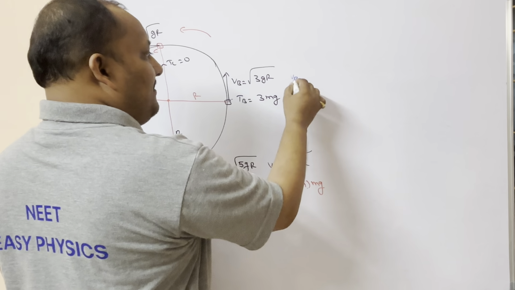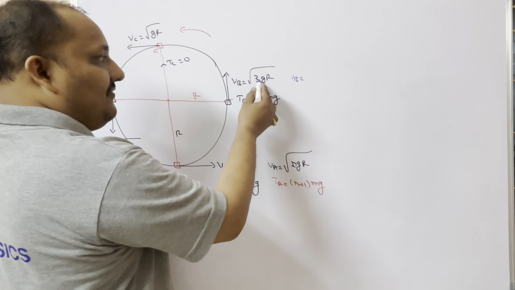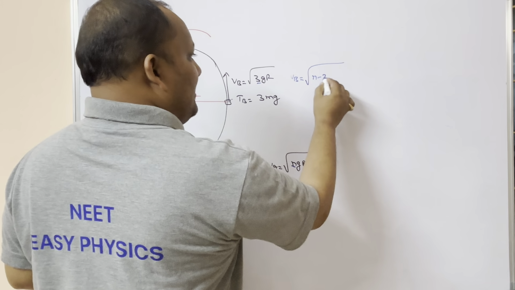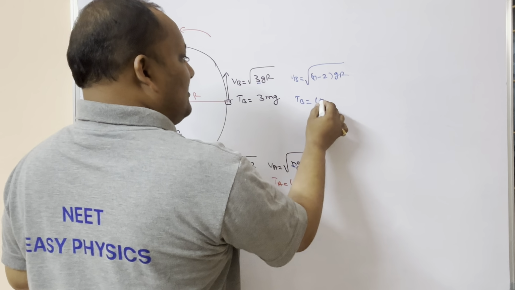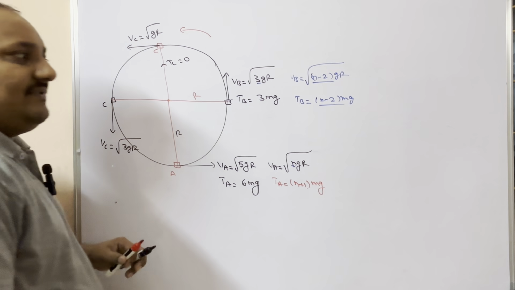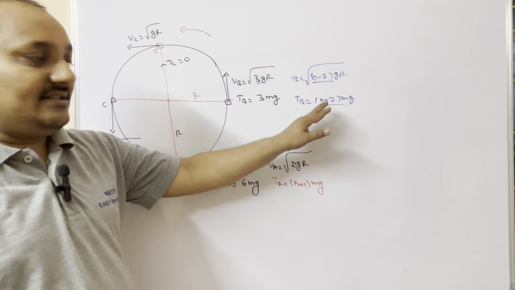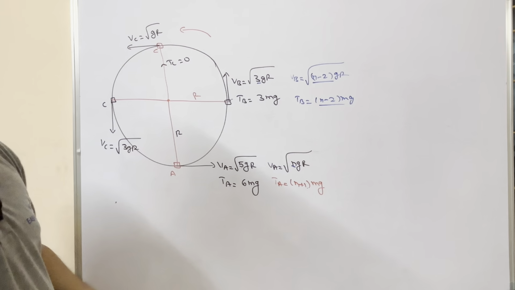Same n if you consider here. Now velocity at B. Here you got 3, if n is 5, that is 5 minus 2. Therefore, here you will get root n minus 2 gr. Tension at B is also n minus 2 mg. In the previous class we discussed this is n plus 1, this is n, this is n minus 1.